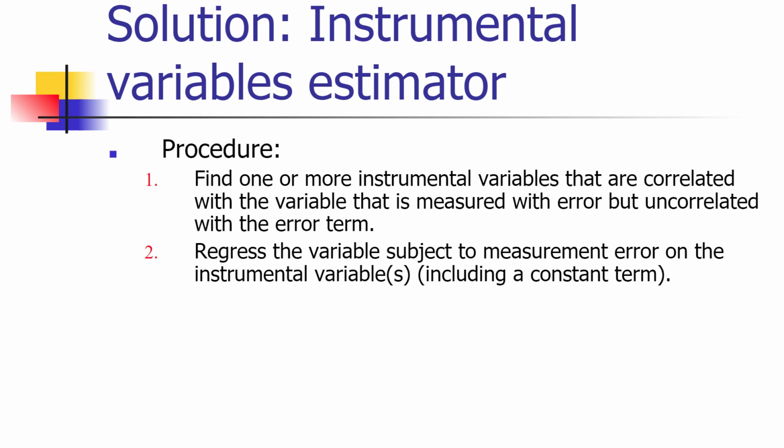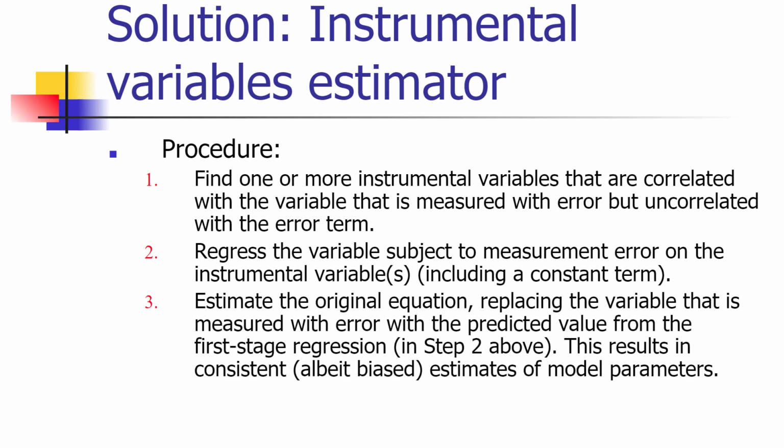We save the predicted values from that regression equation, and we estimate the original equation, but we replace the variable that's measured with error with a predicted value from this first stage regression, the one we described in step 2. This results in consistent, albeit biased, estimates of all model parameters.